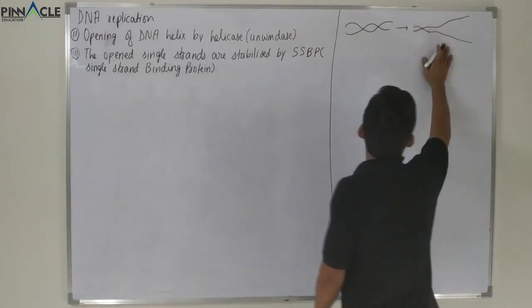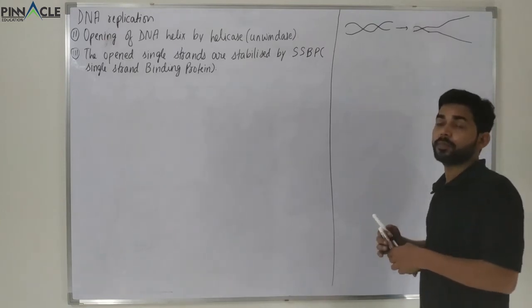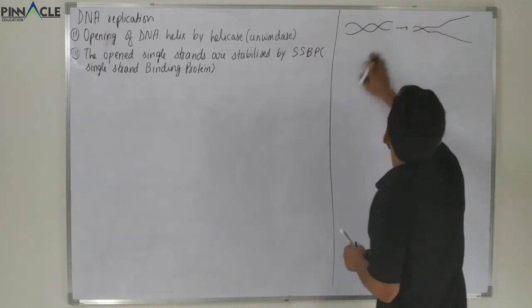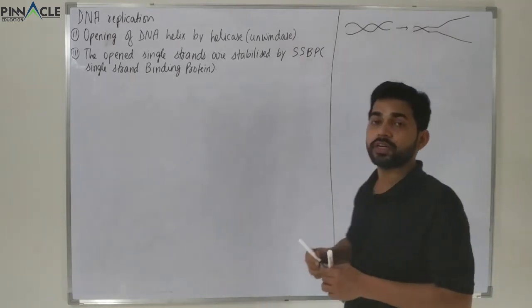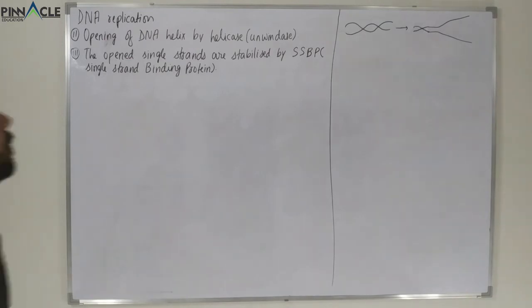This single strand has to be stabilized to prevent it from becoming double stranded. So what will happen over here is that this single strand will have something attached to it that is called single strand binding protein or SSBP.